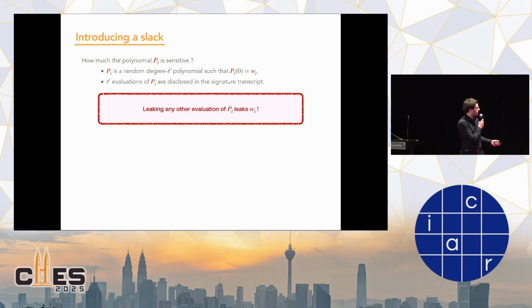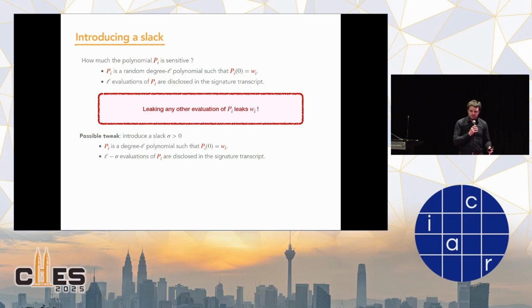So the first possible trick we can do is to change the signing algorithm a bit. We keep the same definition of P. It's a random polynomial of degree L. But we do not reveal L evaluations, only L minus sigma. We introduce some slack.